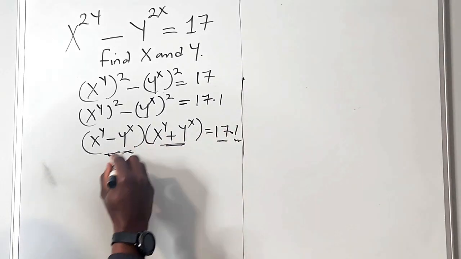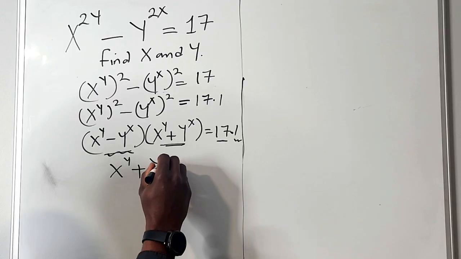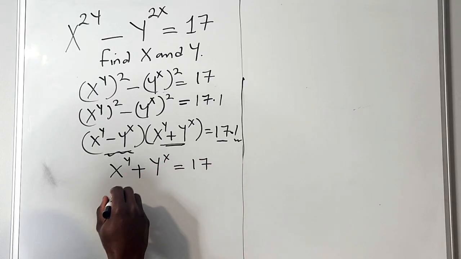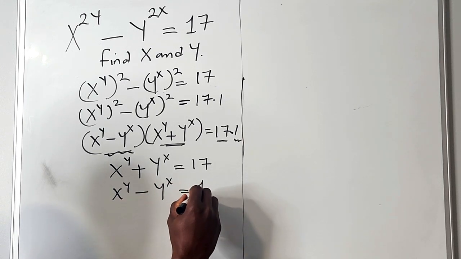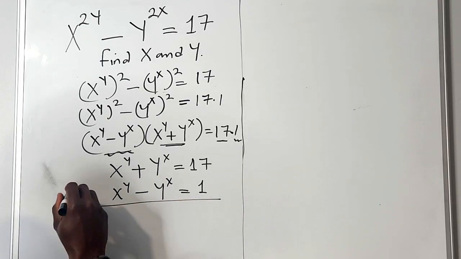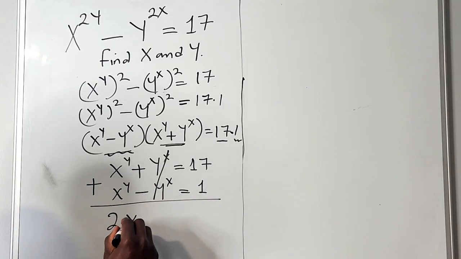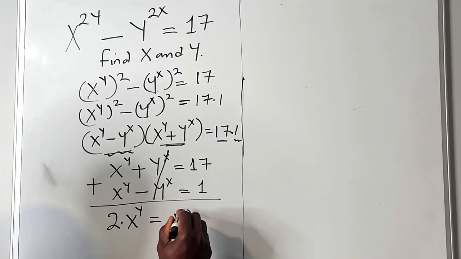Okay, so now we have x raised to the power y plus y raised to the power x equals 17, and x raised to the power y minus y raised to the power x equals 1. So if we add this up, that cancels out, and then we have 2 times x raised to the power y equals 18.